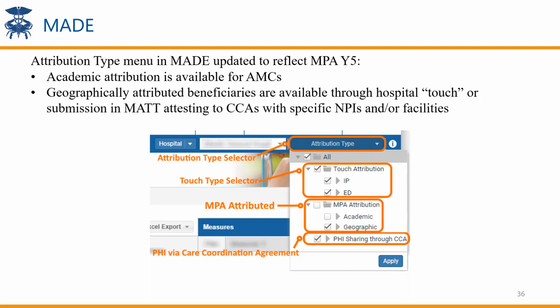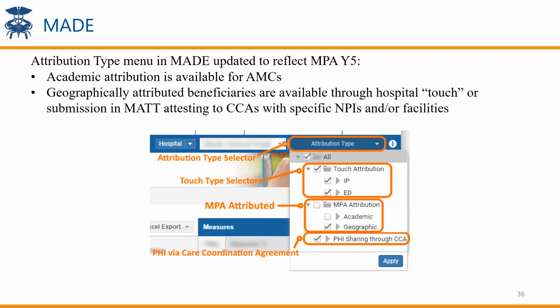And then you have your MPA attribution selectors. If a beneficiary has touched your hospital or their PHI sharing is allowed through a care coordination agreement, you can use this filter to see those available to you.